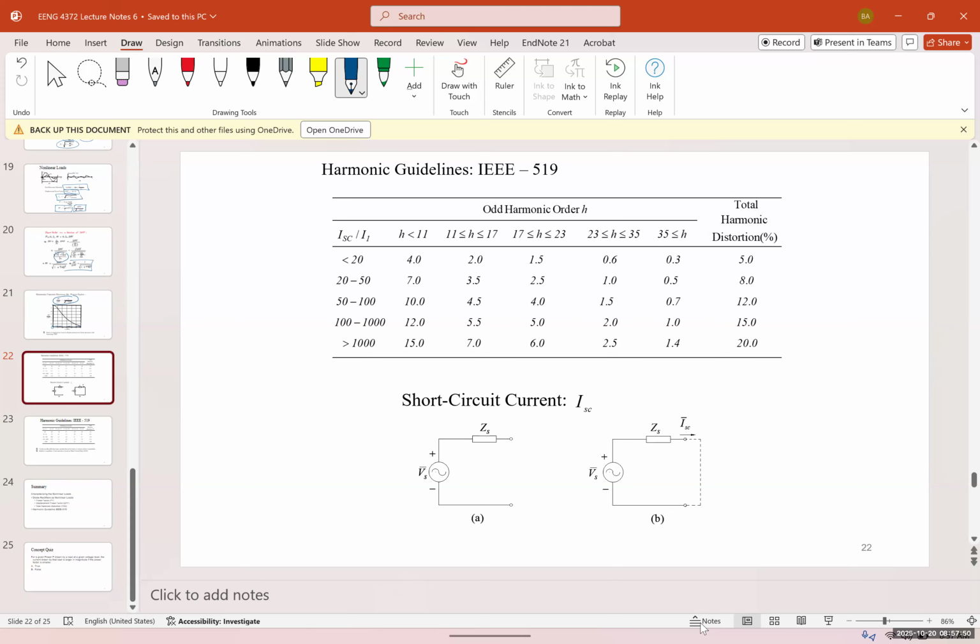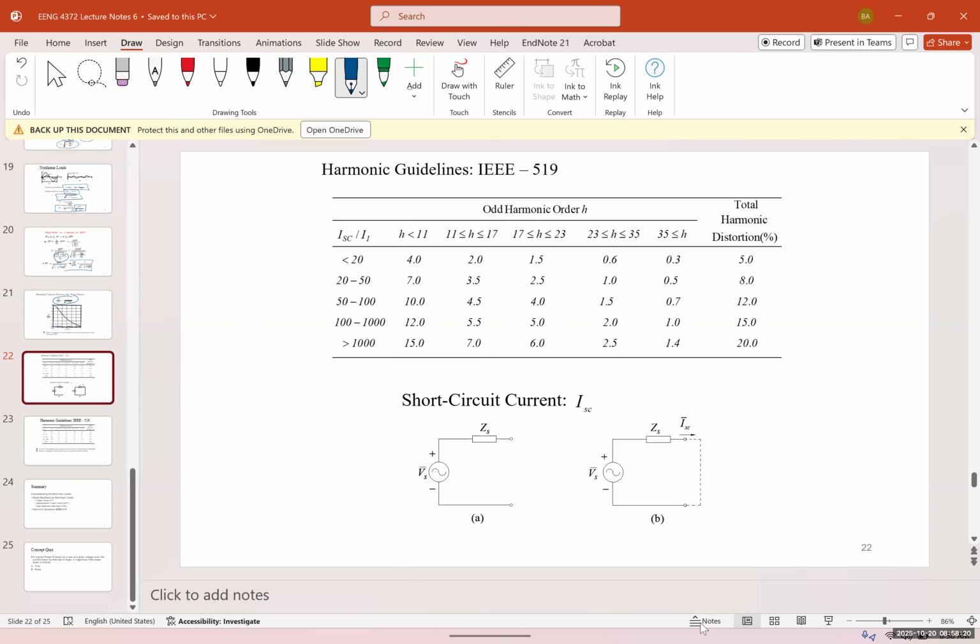And the most important harmonics that we have are the first, third, and fifth, actually. And the total harmonic distortion limits are going to be 5%, 8%, 15%, and 20%. As you can see, by increasing the total harmonic distortion, you're going to decrease the power factor relative to the displacement power factor.